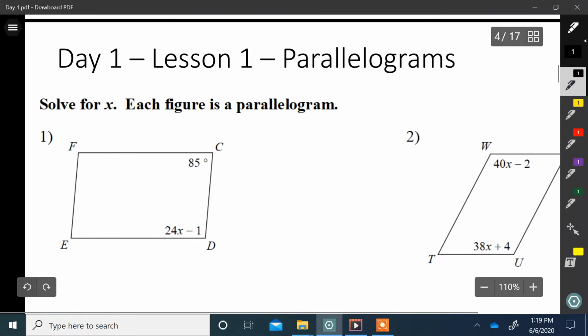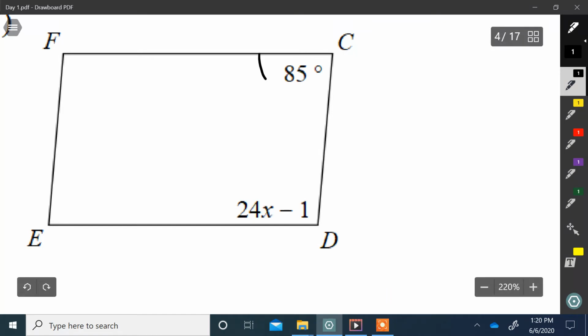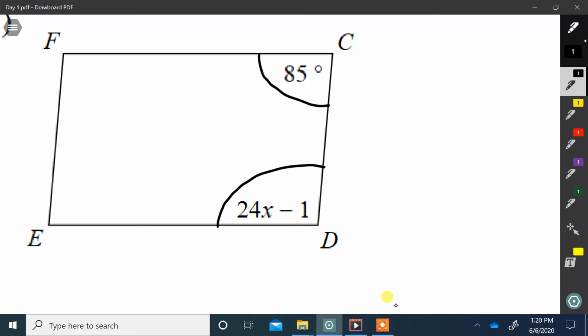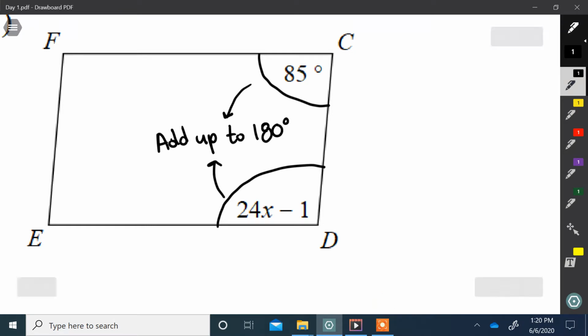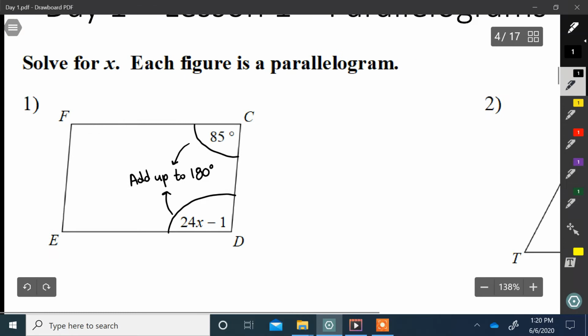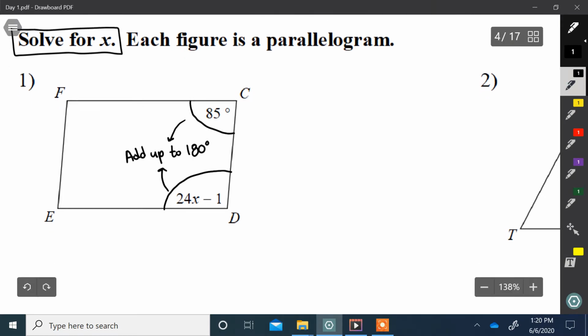For example, if I have this problem here, I already said that this angle plus this angle, that better add up to 180 degrees. Okay, so how do I use that? Well, in this problem, what they're asking us to do is to solve for x. Alright, so let's go ahead and solve for x using that information that I have.